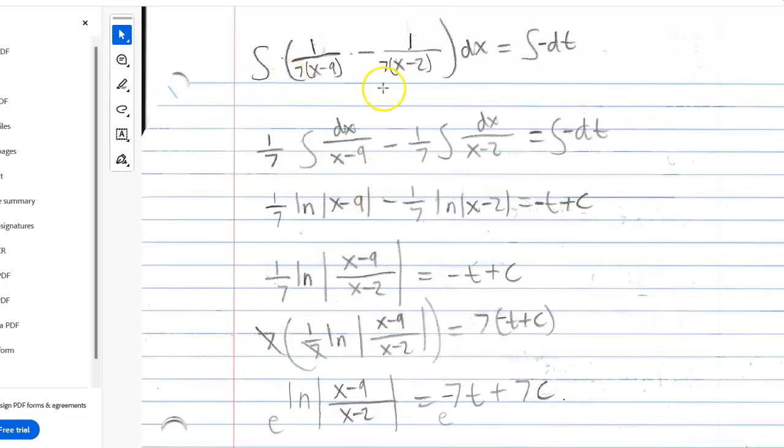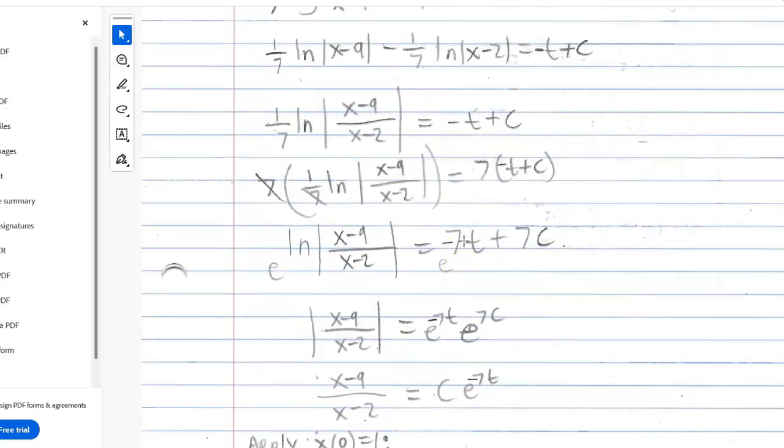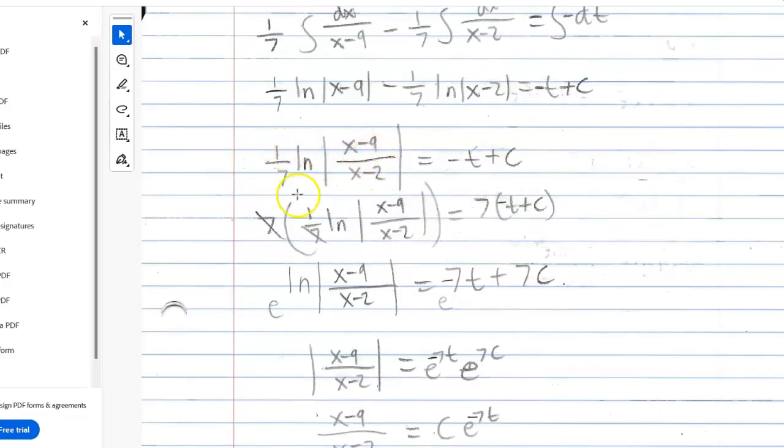Then we integrate both sides to give us these equations right here. 1 over 7 times ln of absolute value x minus 9 minus 1/7 ln of absolute value x minus 2 equals t plus c. Next, we simplify the left side to get 1/7 times ln of x minus 9 over x minus 2.